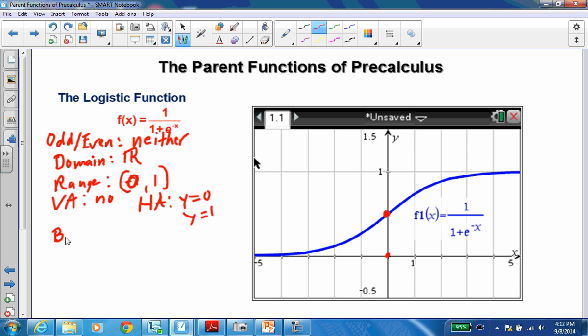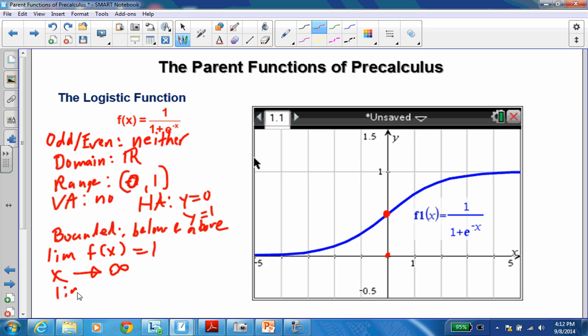And what is our boundedness? Below and above. And this one here, limit as x approaches infinity of f of x equals 1, and limit as x approaches negative infinity of f of x is 0.